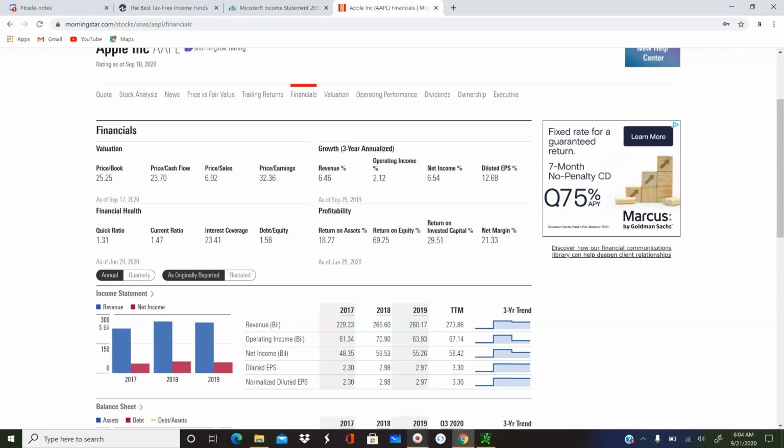So is this revenue sufficient to cover the interest payments that are due on a regular basis? One way to calculate this is to take the earnings before interest and taxes and divide it by the interest expense.